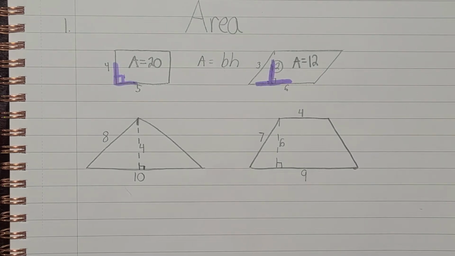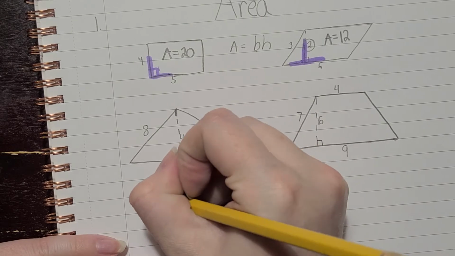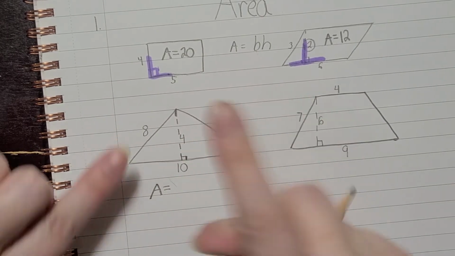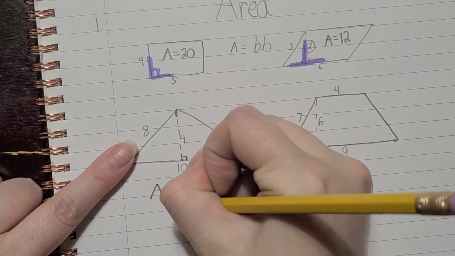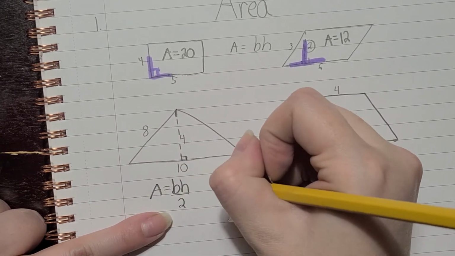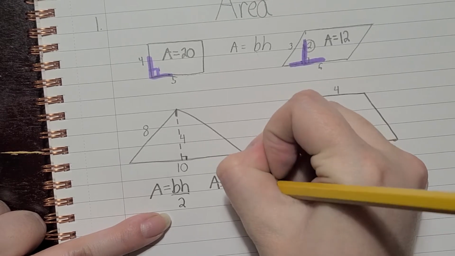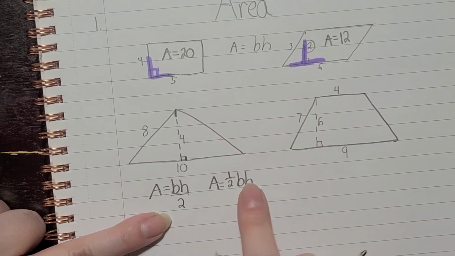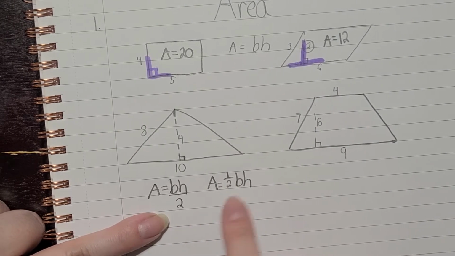Just in case you were confused. All right, so we know triangles are the same, base times height, but we cut them in half. So you'll either see that as over 2 or divided by 2, or area equals half of the base times height. Okay, these are the same thing. Multiplying a number by the reciprocal is the same as dividing by that number.